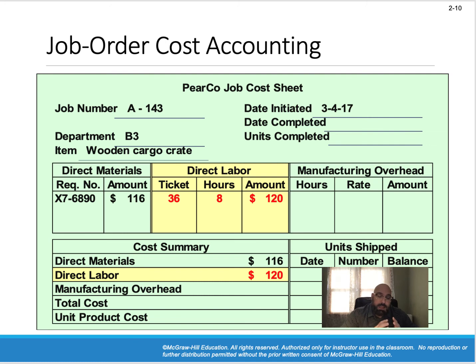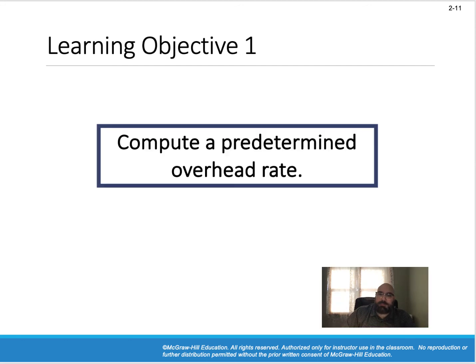Once we get the time ticket, we use that and we can fill out our job cost sheet. The ticket number is 36, meaning employee number 36 worked 8 hours on this specific job, and the total amount of direct labor costs that we incurred is $120.